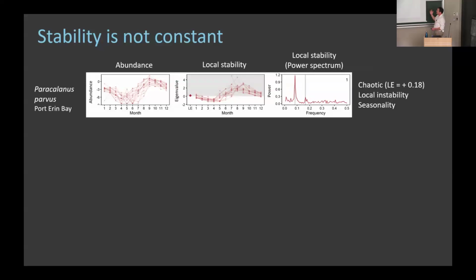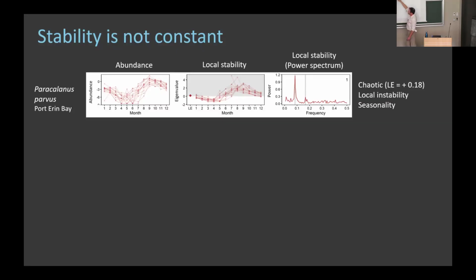Okay, so here's an example of how this turns out for one of the other species. This is the abundance on the left. In the middle is the local stability, and just like in the previous case, we see a very obvious annual cycle to local stability.